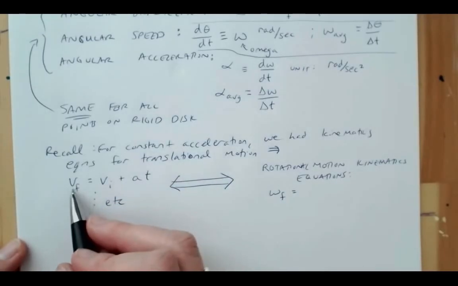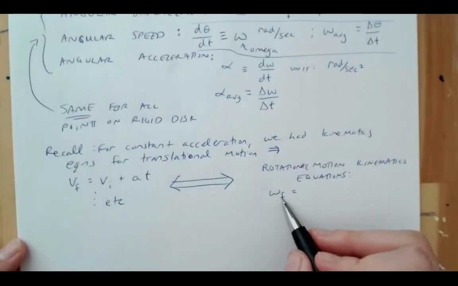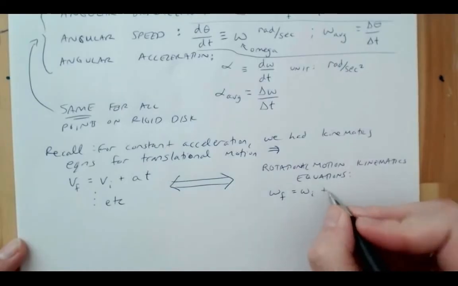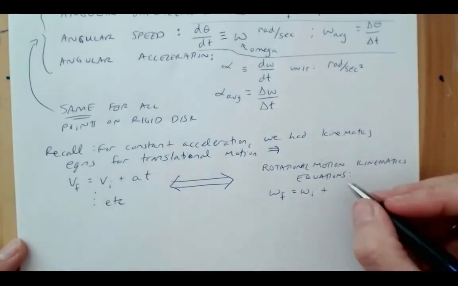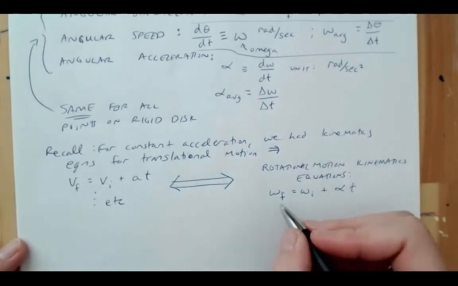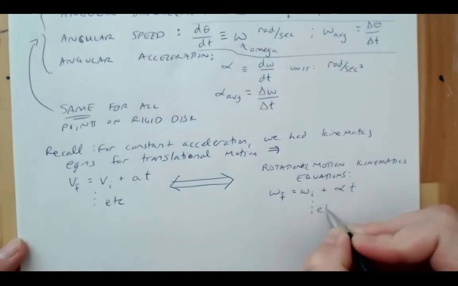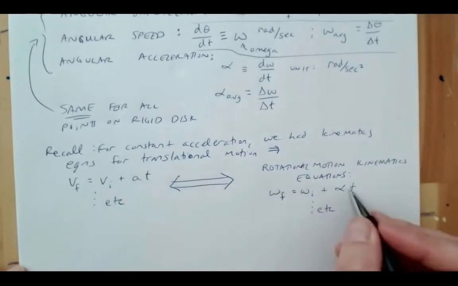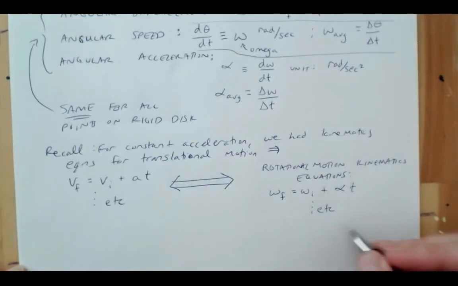But for now, you can say, well, you have your translational velocity. That would be your angular velocity, omega. So omega final equals omega initial plus, instead of your translational acceleration, your angular acceleration, and then times time, because time is just time whether you're talking about translational or rotational motion. So you have then this set of equations that you can use for problem solving when appropriate.